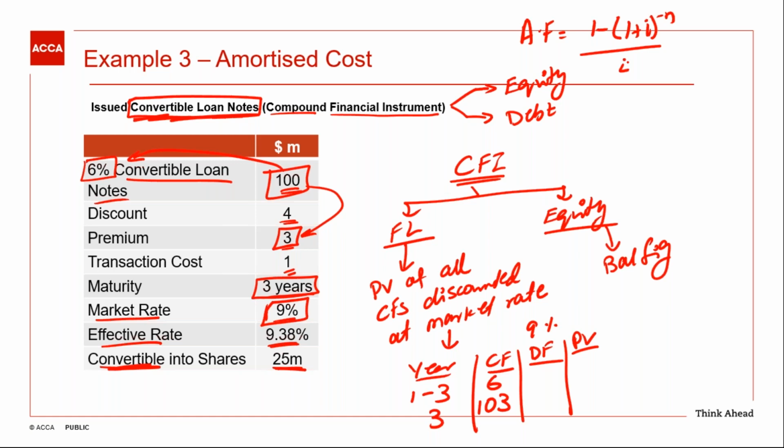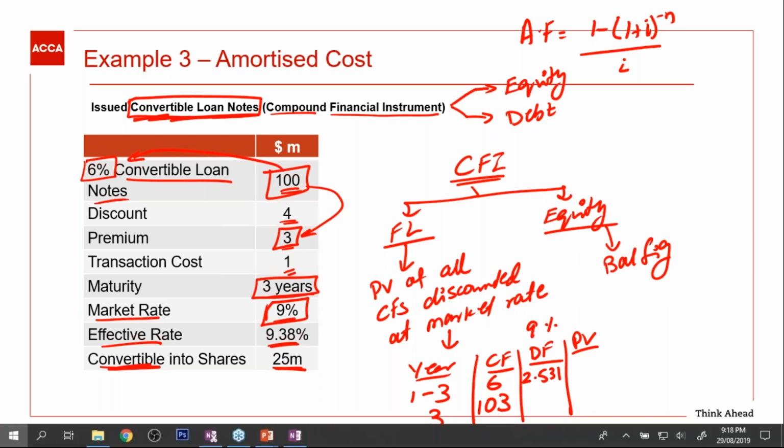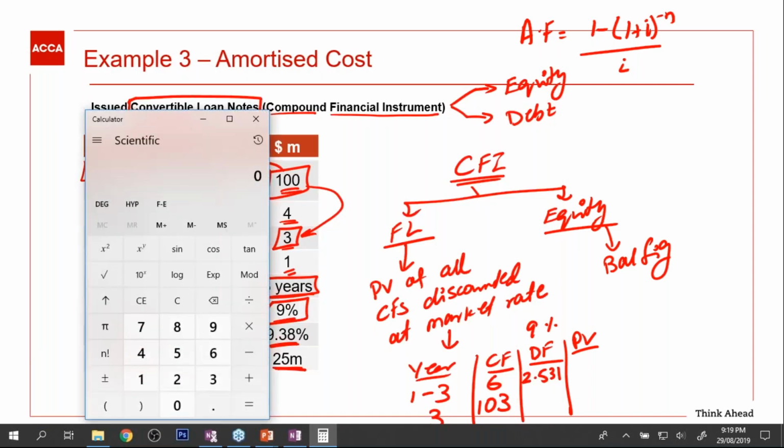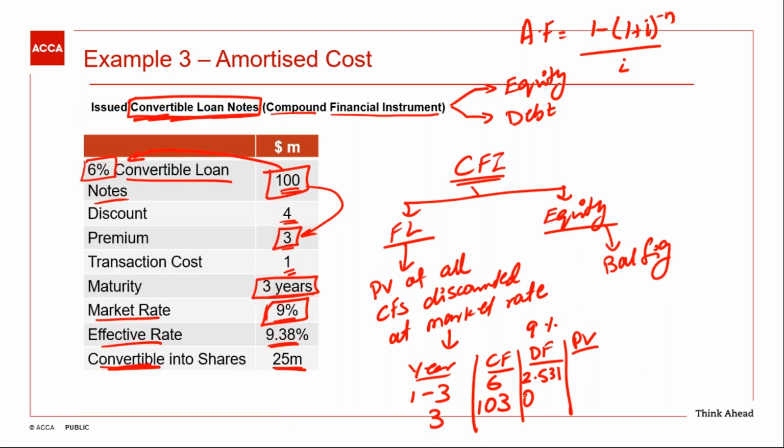Thank you, Abdul Qadir. So we use 2.531, and also the third year's discount factor, it's 0.772. Thank you, Abhaya. 0.772.